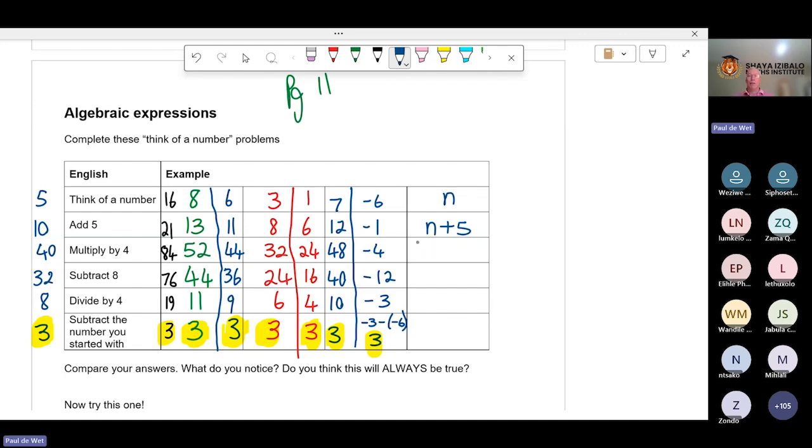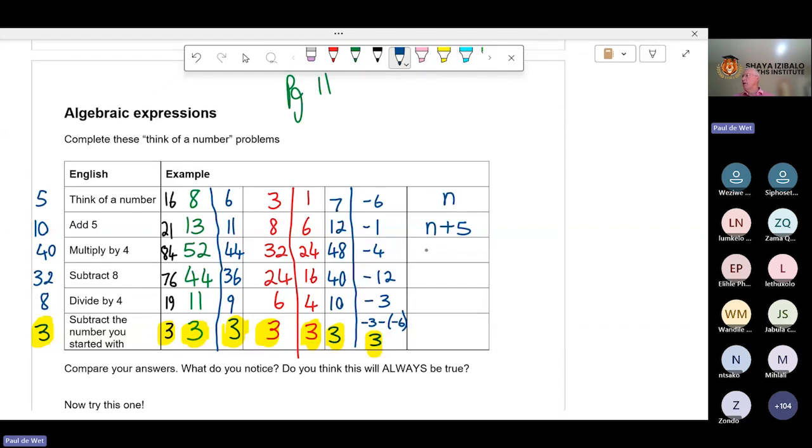Now, what will it be when I multiply by 4? I'm looking for anyone to tell me, when I multiply n plus 5 by 4. Not quite right, but you're getting bits of it right.